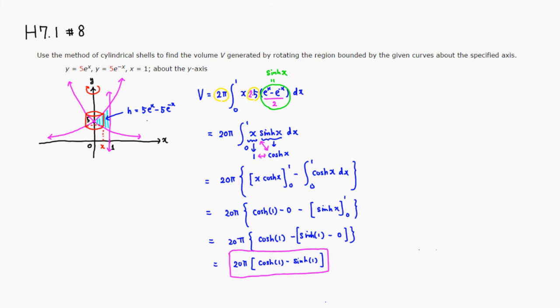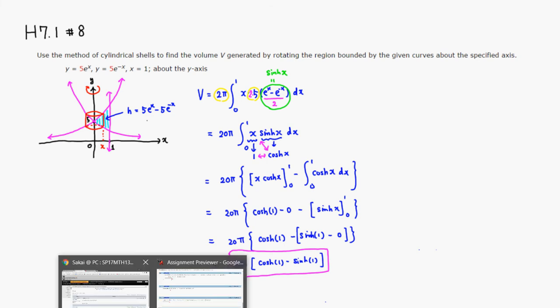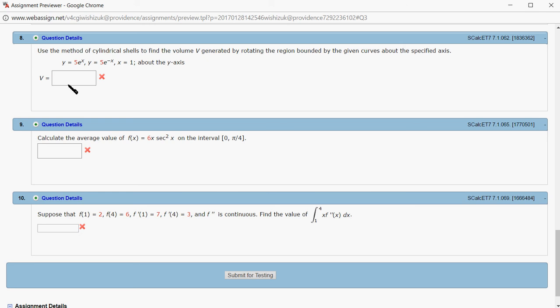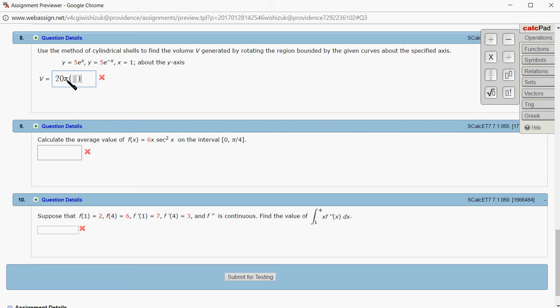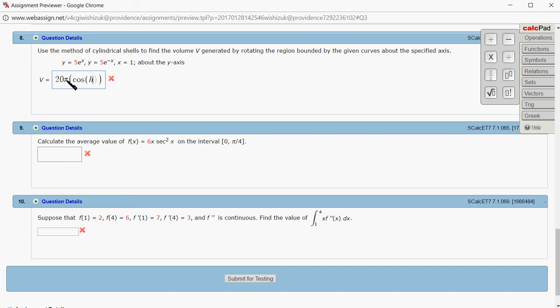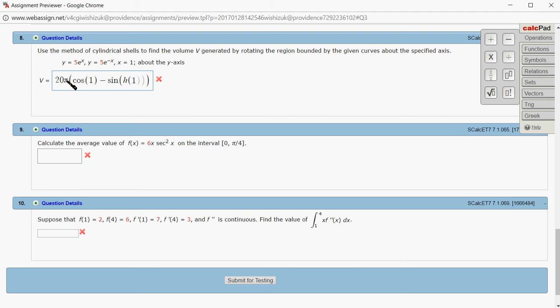So let's type this in. We found that to be 20 pi, then parentheses, the hyperbolic cosine of 1 minus the hyperbolic sine of 1.